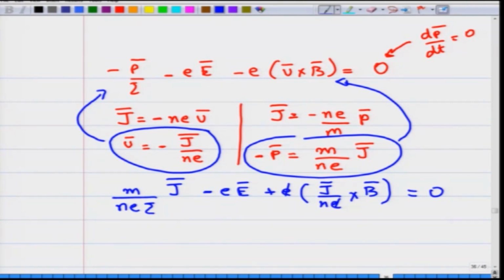Okay. You have an electric field and you have current densities on one side. So, let us reframe this expression and you just have to readjust it slightly.